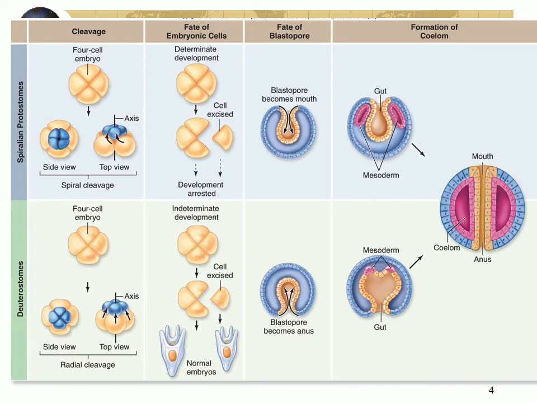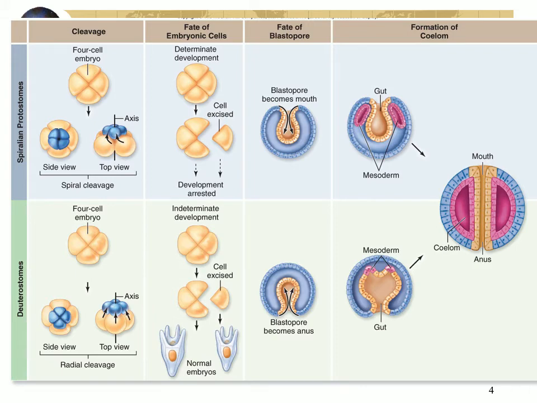The other type of development is the deuterostome development, and in that case we have radial cleavage where the tiers of cells are lined up stacked on top of one another, and they're indeterminate. If you take one or two cells away early in development, you can wind up with identical twins, not defective embryos.